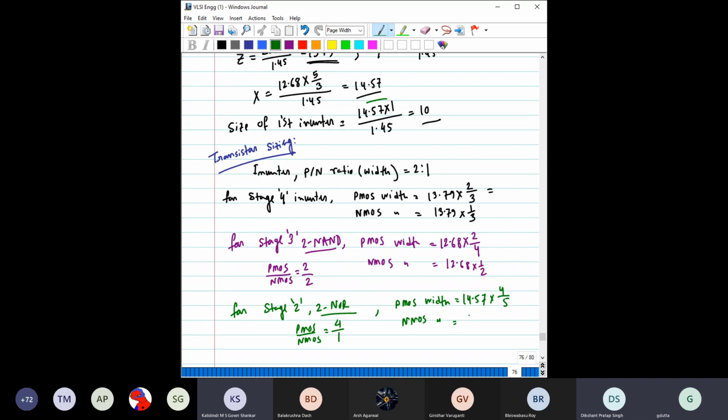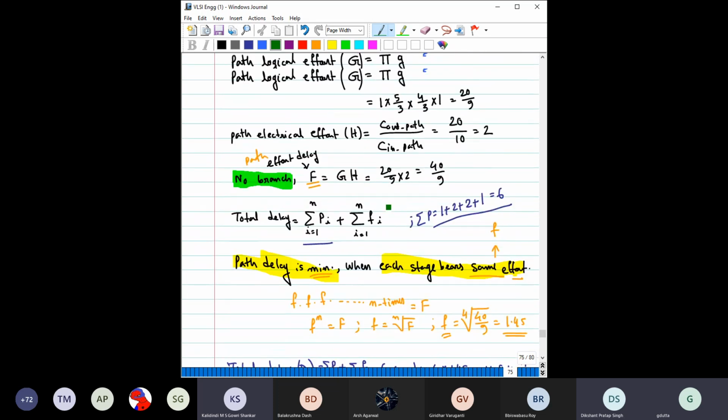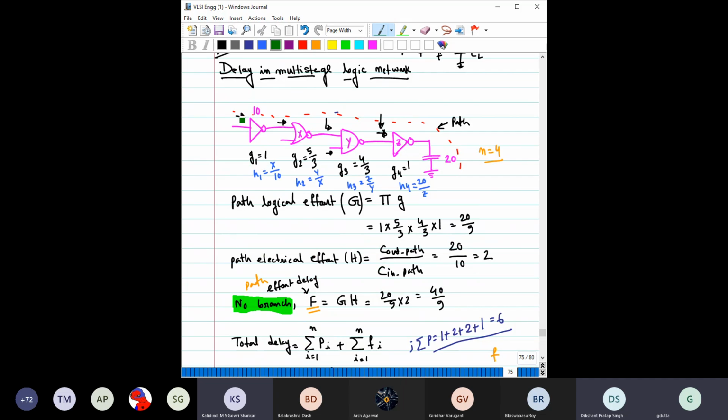NMOS width would be equal to 14.57 into 1/5. So you can see it is pretty straightforward. Similarly, for the first inverter it is 2:1, so you can find the width for the PMOS and NMOS for the first inverter as well.